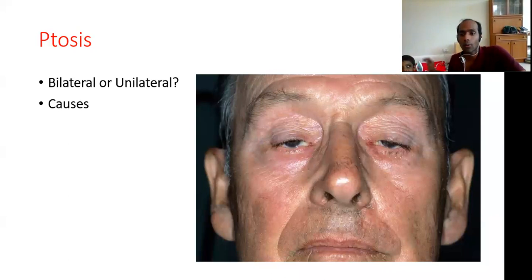What is that muscle? The muscle is the levator palpebrae superioris muscle. Weakness of this muscle will cause ptosis. The levator palpebrae superioris muscle has a dual supply.